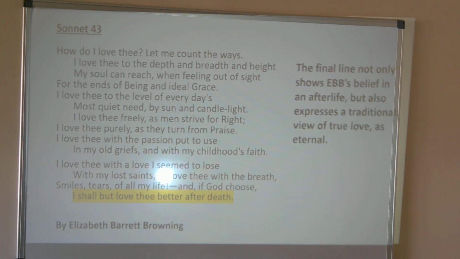The final lines show not only her belief in a God and an afterlife, but also express a very traditional view of true love as something which lasts forever. One true love. It's very, very traditional. Now we might see it as a little bit cliche. So there's your second structural point. The final line suggests that her love for him is so great it will go beyond the grave. And I've given you this idea of the eternity symbol with love there as well.